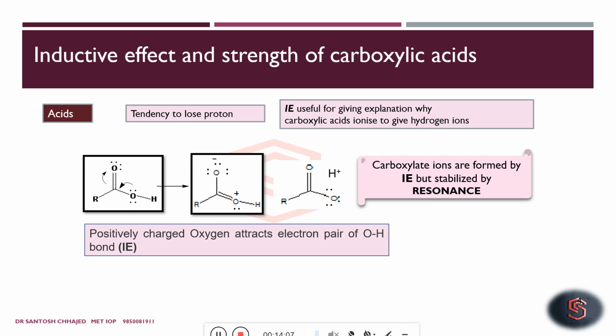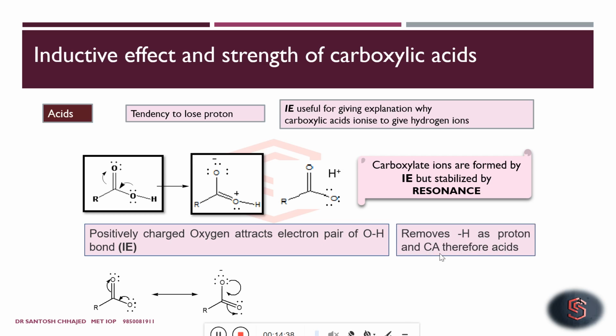So that's why alcohol is not acidic, whereas carboxylic acids are acidic in nature, and their acidity is because of the inductive effect, which is responsible for breakdown of the OH bond, and it is the resonance effect that stabilizes the carboxylate ion. So the positively charged oxygen attracts the electron pair of the OH bond, that is the inductive effect. It removes the H as a proton, and the carboxylic acid therefore acts as an acid.